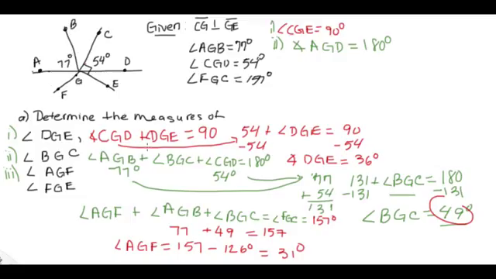We'll start with the very last one, 31 plus 77 plus 49, again going clockwise, plus, we know that this is 90.